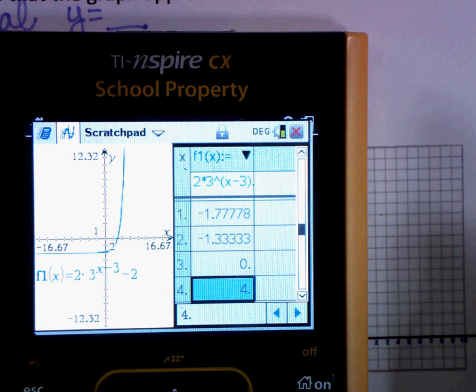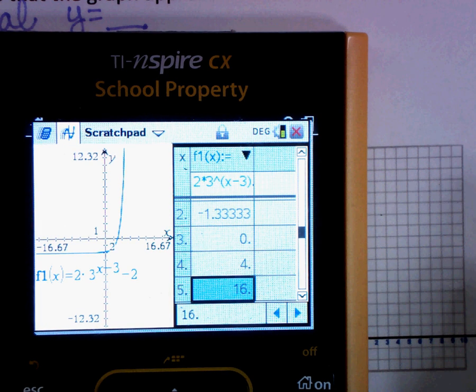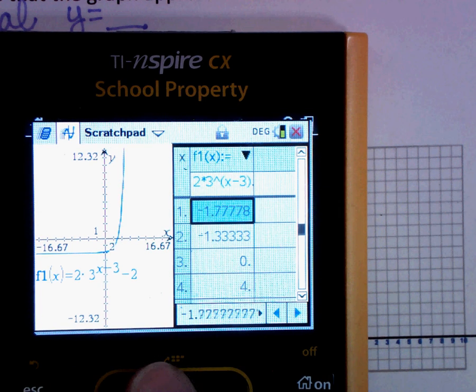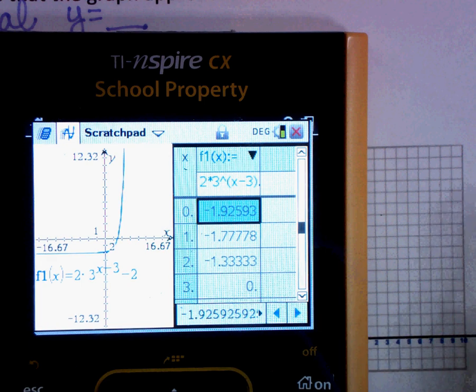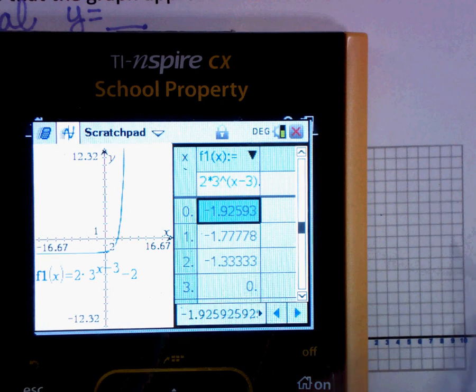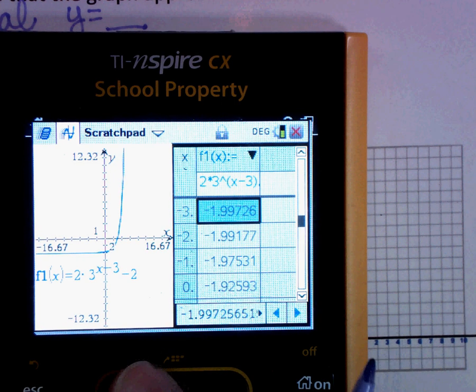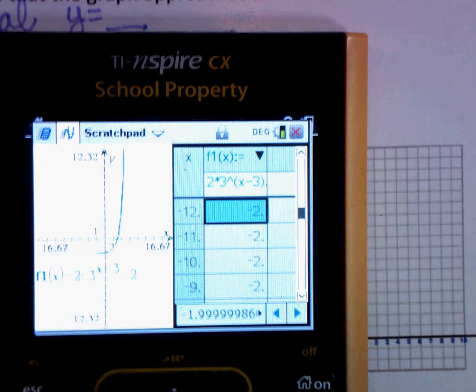We have 4, 4. We could maybe do 5, 16. And then these numbers are getting closer and closer. Looks like our y-intercept is about -2, but not exactly -2. I'm going to put -1.9. And at some point, our calculator does just start saying -2.